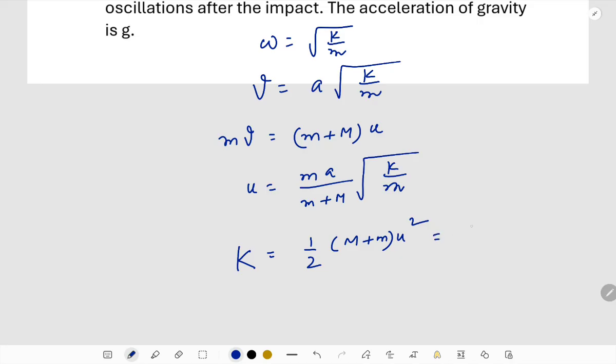And putting the values of u, I can get k m a square by 2(m plus m). Now I need to find out the amplitude of oscillation.